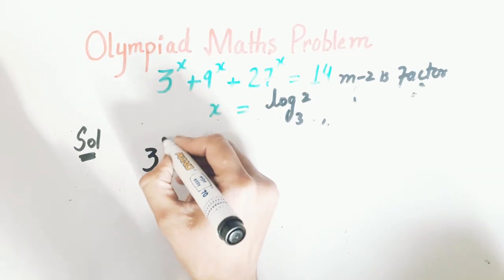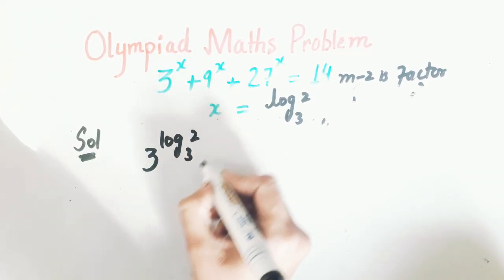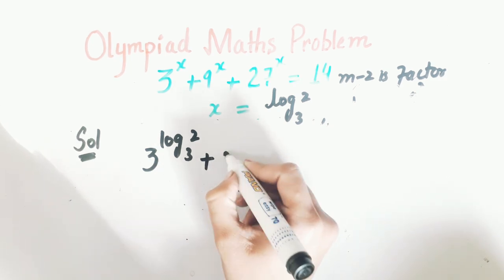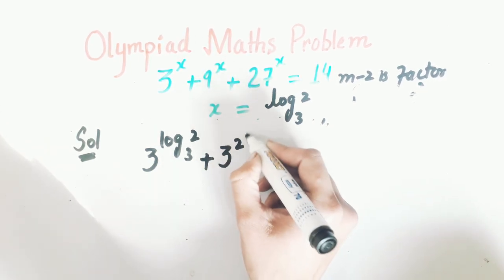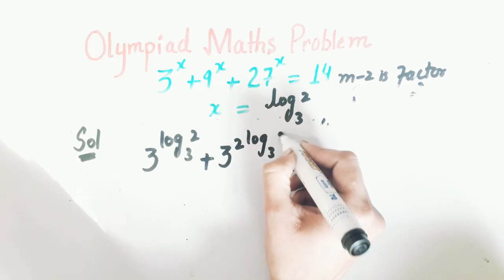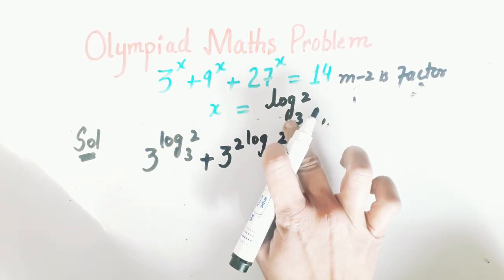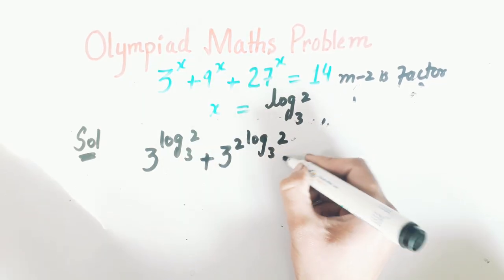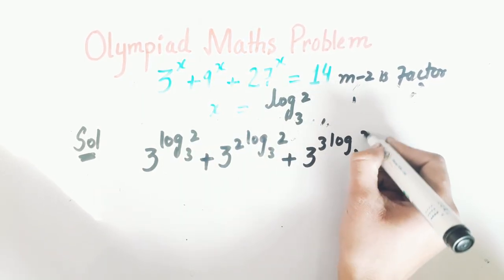So 3 raised to power x means 3 raised to log base 3 of 2, plus 3 raised to power 2x is square, so 3 raised to 2 log base 3 of 2, plus 3 cube log 3 2.